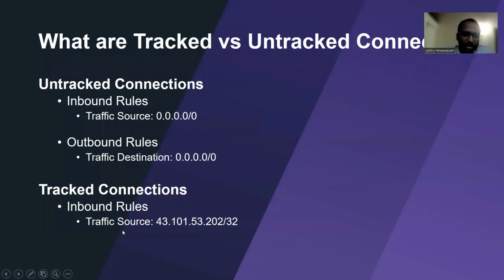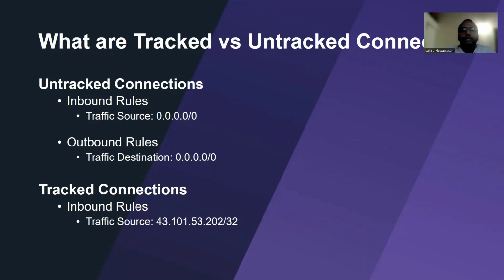On the other hand, tracked connections have a specific IP address or subnet that they're accepting or sending traffic to. In this instance, we have 43.101.52.202. That's the IP address that we are talking about. The security group will allow traffic from this particular IP address and nothing else.